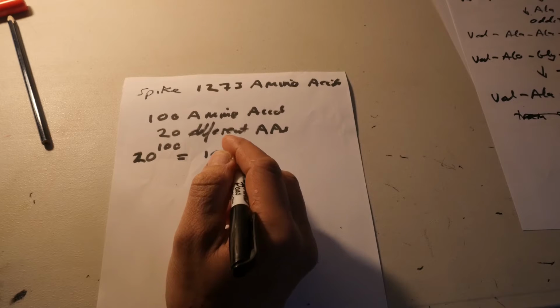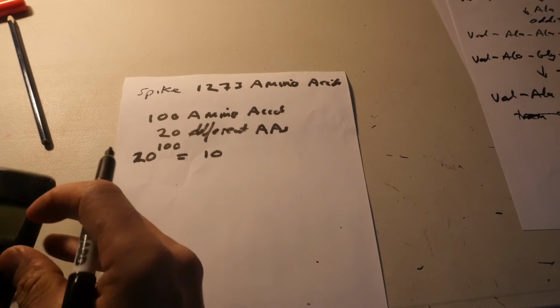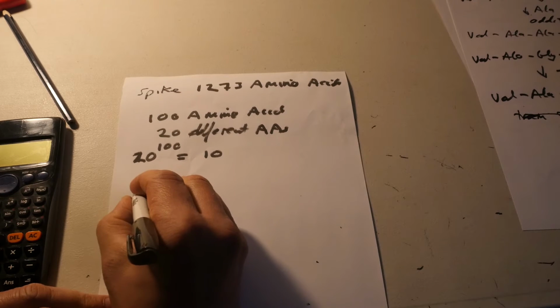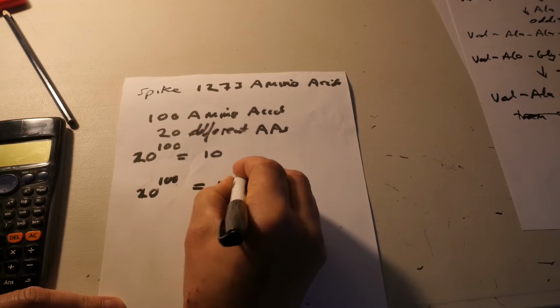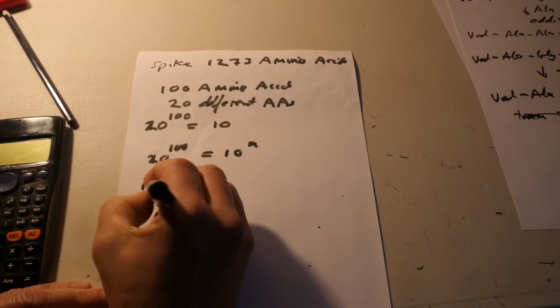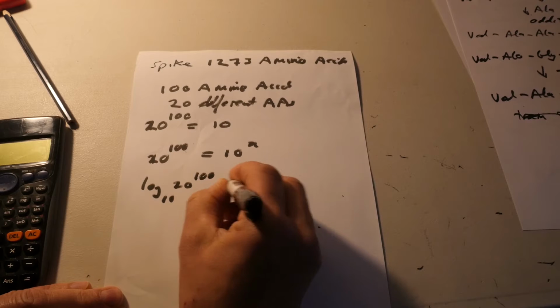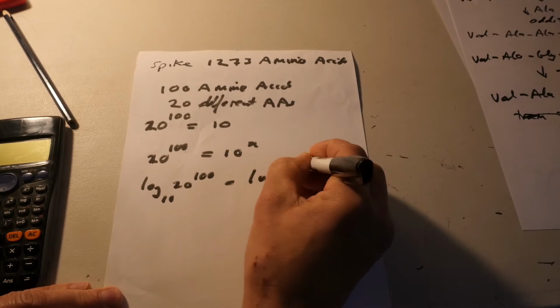You can work it out actually quite quickly. How do you work this out quickly? So you go, 20 to the 100 equals 10 to the x, okay? You take log base 10 of both sides: log base 10 of 20 to the 100 equals log base 10 of 10 to the x, okay?